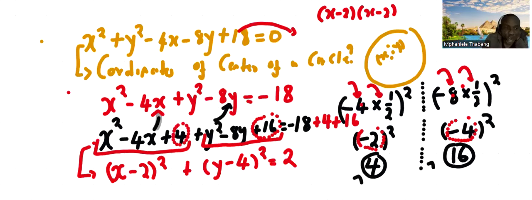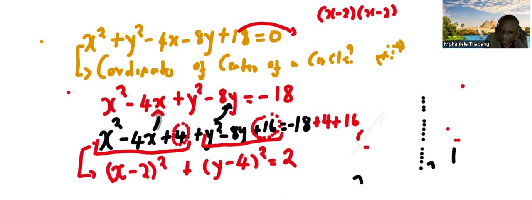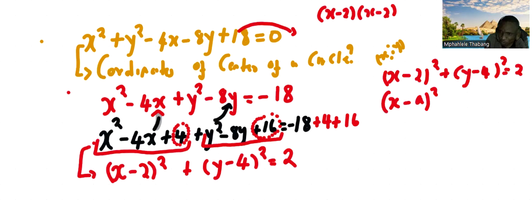Now it's easy to find the coordinates at the center of a circle. You can compare this equation, which is x minus 2 squared plus y minus 4 squared equals 2, with this one, x minus a squared plus y minus b squared equals r squared.